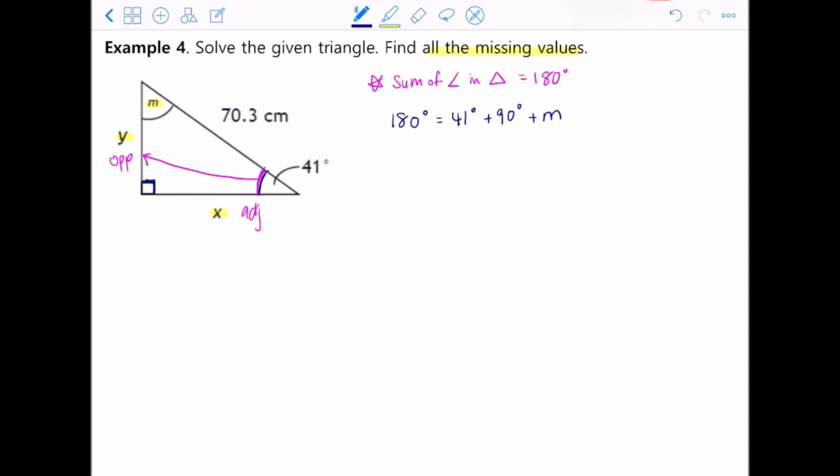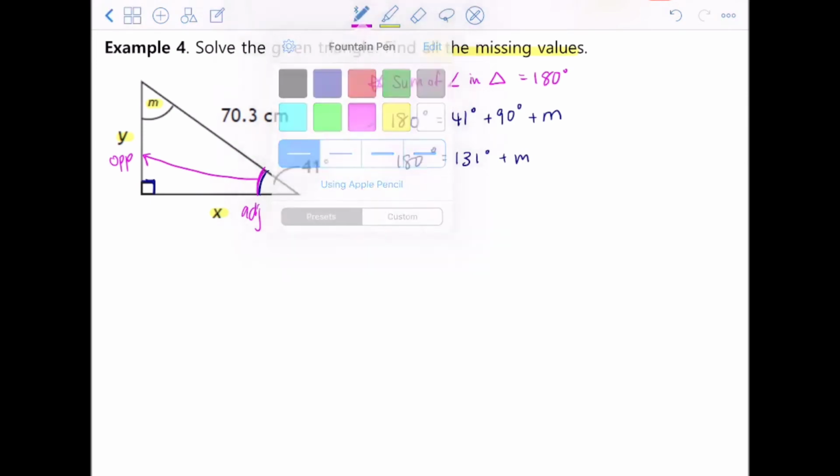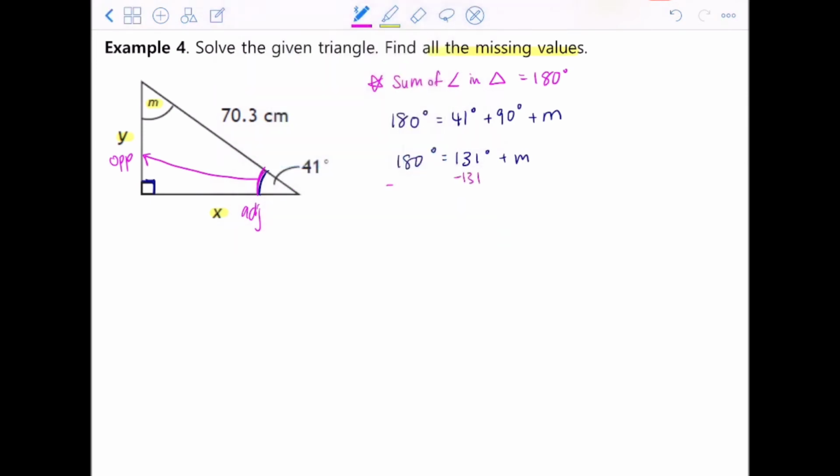So we know that this must be valid. Right, so let's collect the like terms here. 180 degrees equals 131 degrees plus m. So when you take away 131 on both sides, you get m equals 49 degrees. So we have found the angle for m.